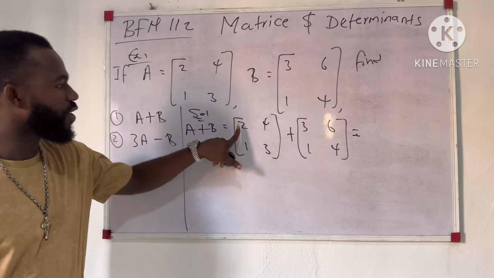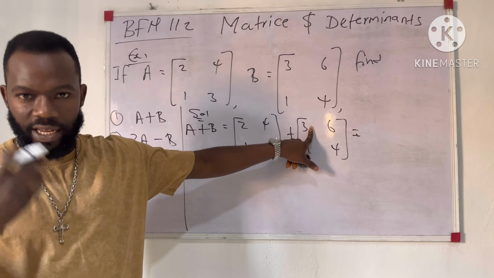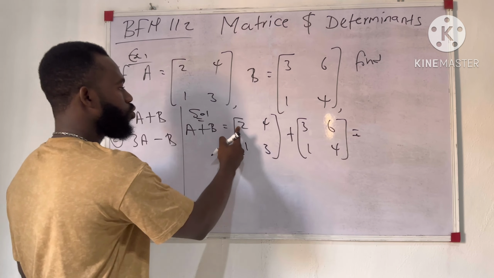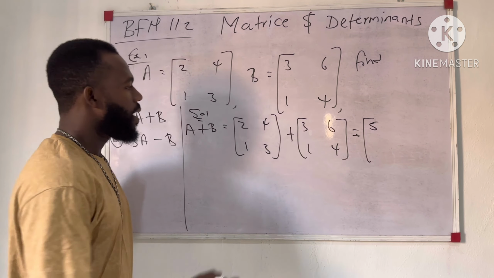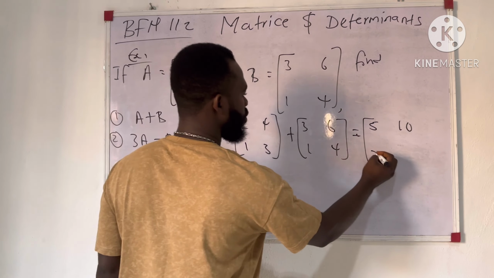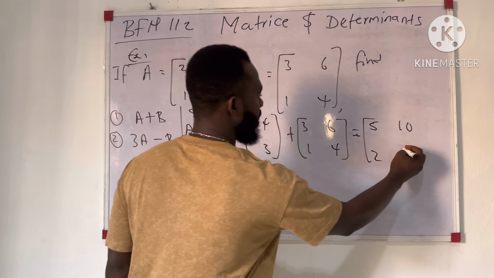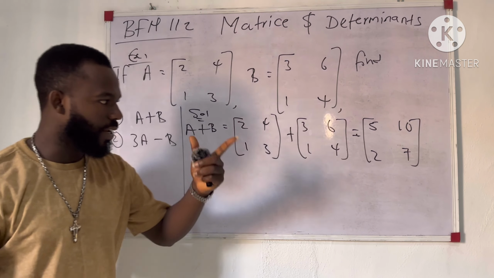The first element here is added to the first element in the second matrix. So 2 plus 3 gives us 5, and then 4 plus 6 gives us 10, and then 1 plus 1 gives us 2, and then 3 plus 4 gives us 7. This becomes our answer: 5, 10, 2, and 7.